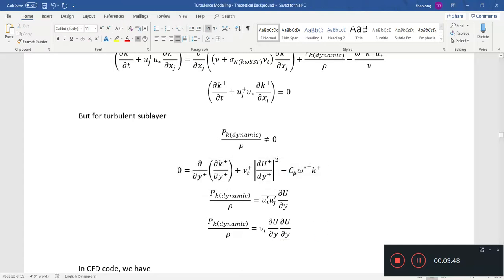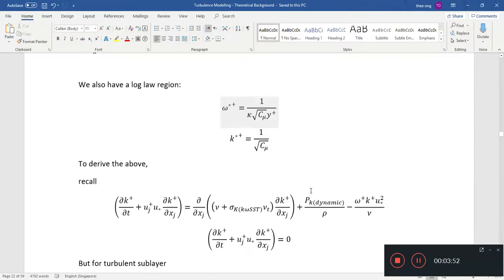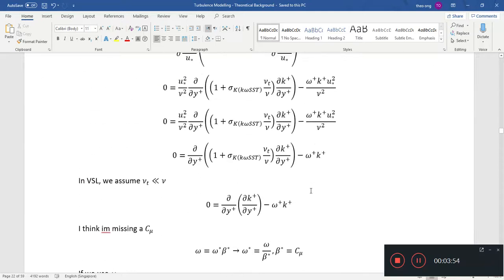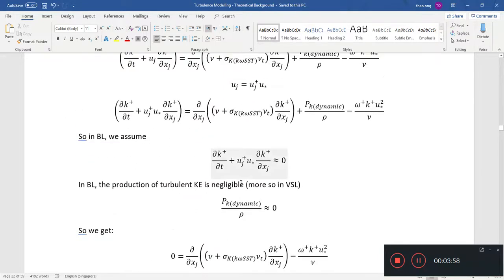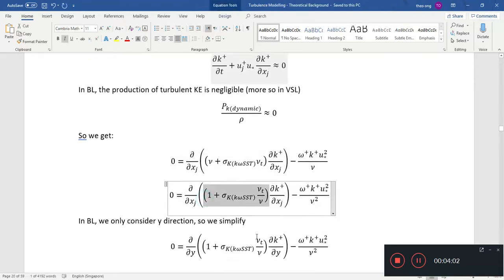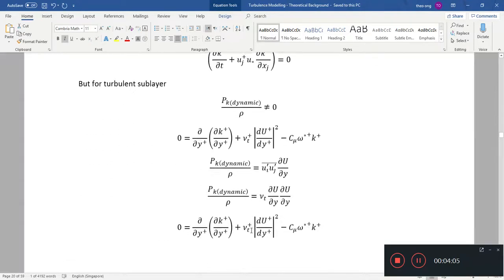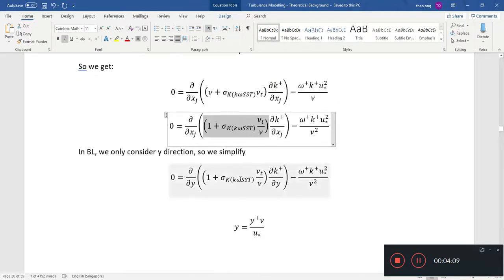Alright, and in the turbulent sublayer, we cannot just assume, remember in the viscous sublayer we actually assume this.